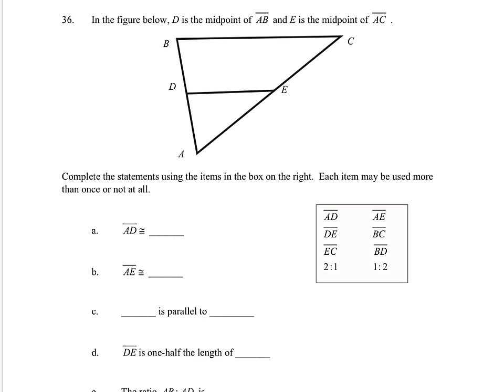Question 36 says, in the figure below, D is the midpoint of AB and E is the midpoint of AC. So if D is the midpoint of AB, then we know that AD and BD are congruent. And if E is the midpoint of AC, then AE is congruent to EC. We also know that DE is the midsegment.